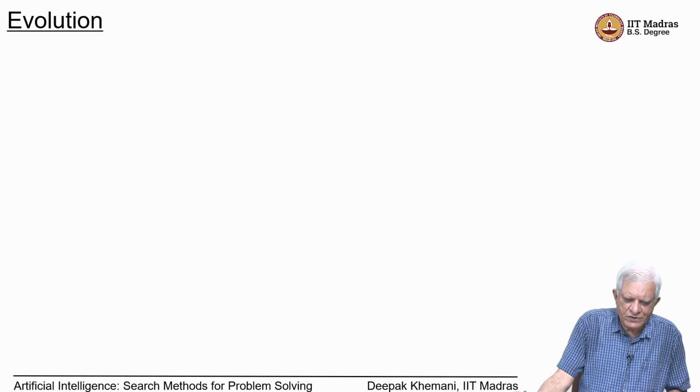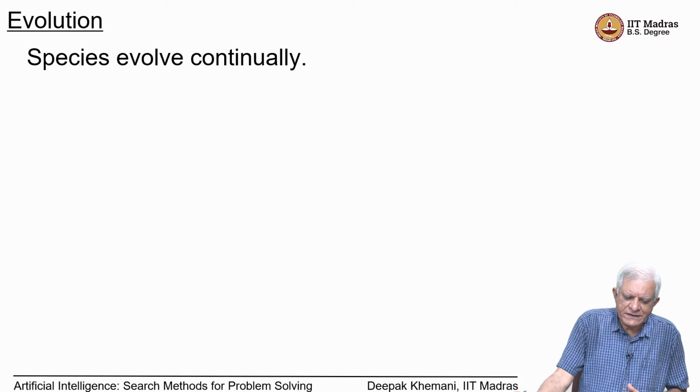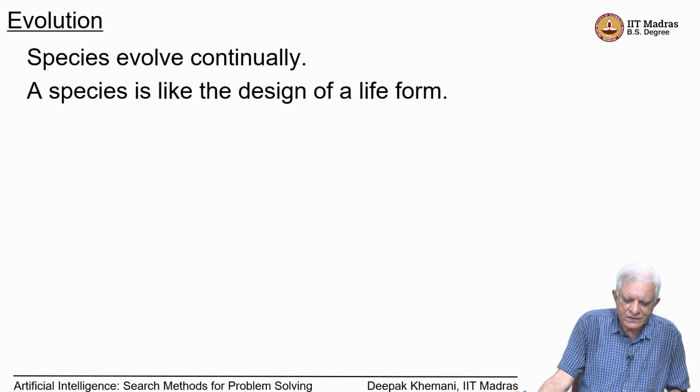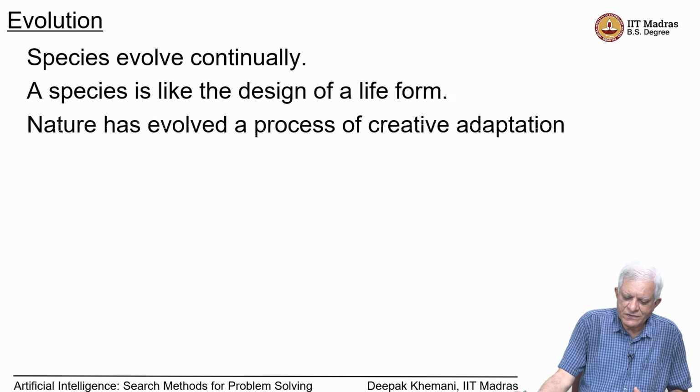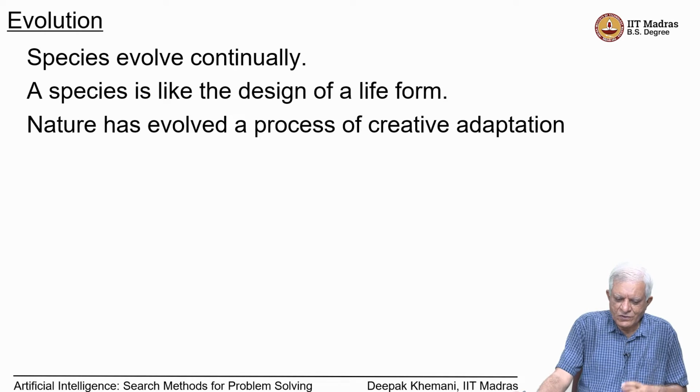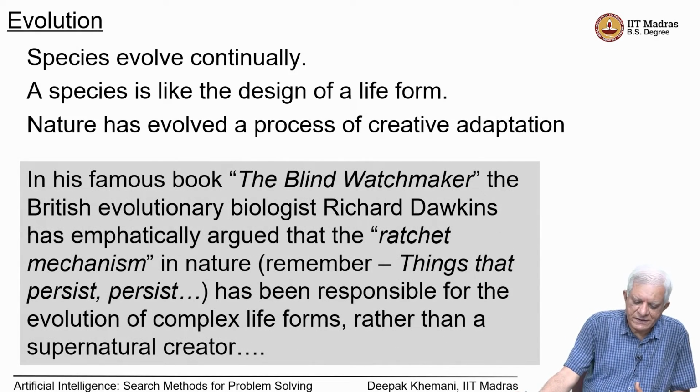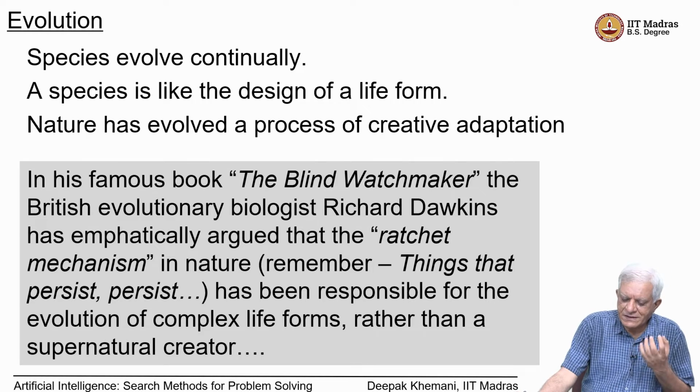So, we are interested in evolution here. Species evolve continuously, foxes become better, humans become better, and so on and so forth. A species is like a design of a life form, and nature has evolved the process of creative adaptation, of how to make that species a better species. In his famous book The Blind Watchmaker, the British evolutionary biologist Richard Dawkins has emphatically argued that there is a ratchet mechanism, which means that every time nature comes up with a design which is working well, that design persists.